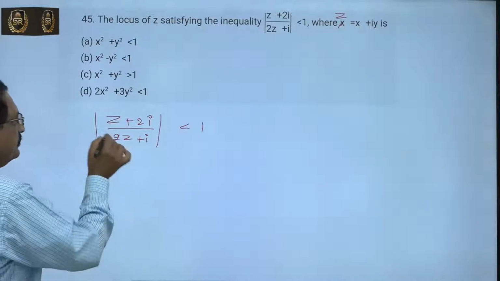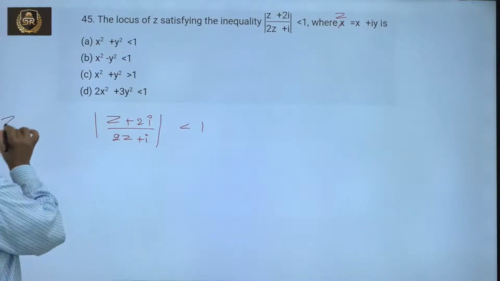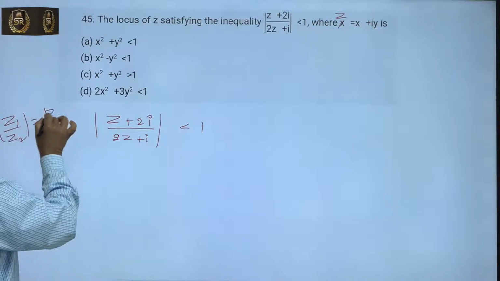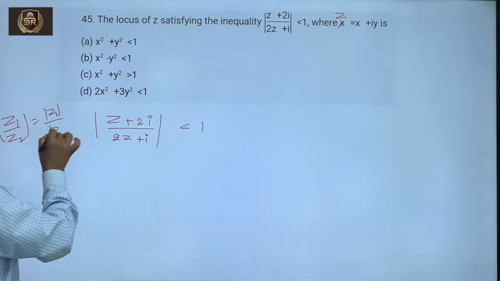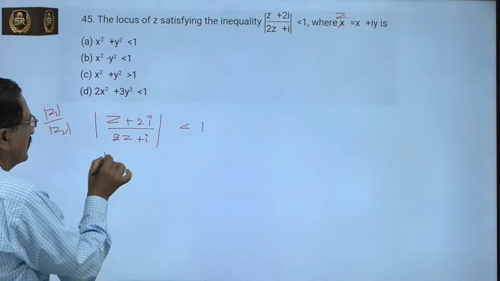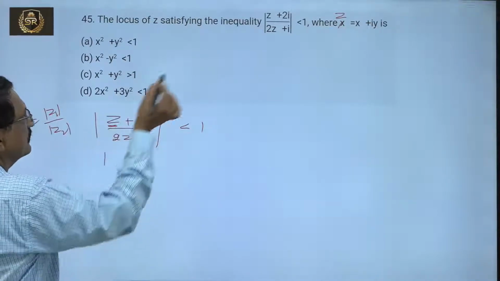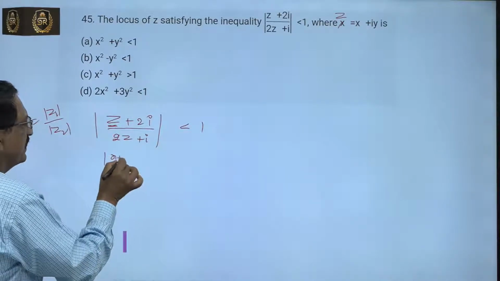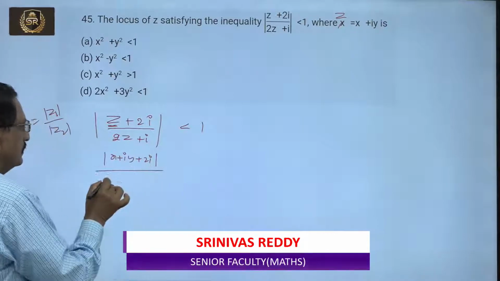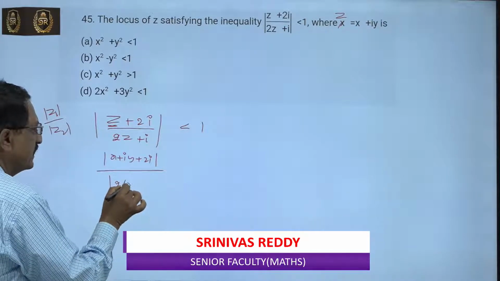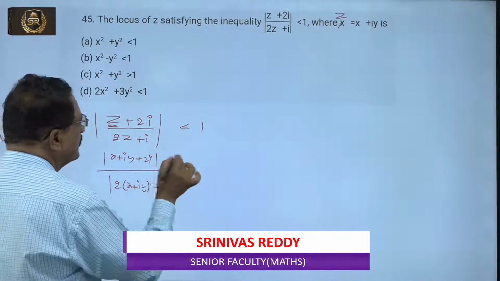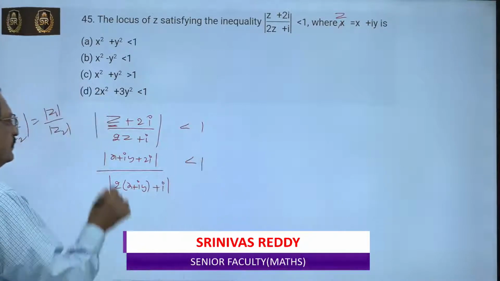Now, mod of z1 by z2 equals mod z1 by mod z2. Now mod of (x plus iy plus 2i) by 2 of (x plus iy) plus i is less than 1.